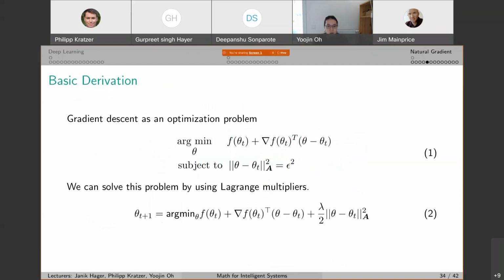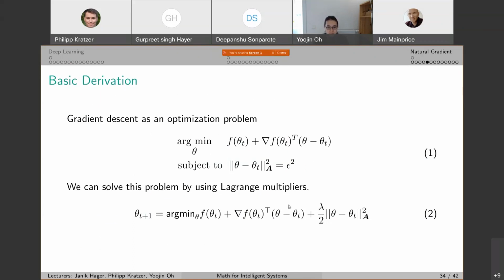Okay, so when we derive the gradient step function, we first start with an optimization problem. We are trying to find the parameters that minimize this function, f. We set it as an optimization problem where we find the parameters that minimize the linear approximation of this original function, subject to the constraint that we take small steps towards the next parameter.